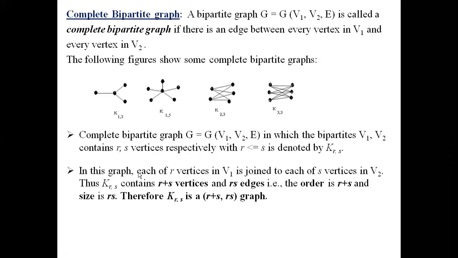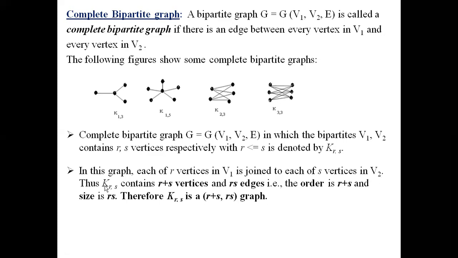So in this graph, each of the r vertices in V1 is joined to each of the s vertices in V2. There are r vertices in V1 and s vertices in V2, and each vertex in V1 should be joined to each of the s vertices in V2.